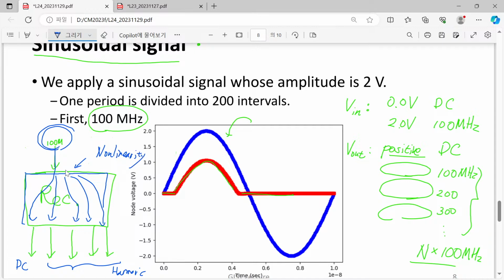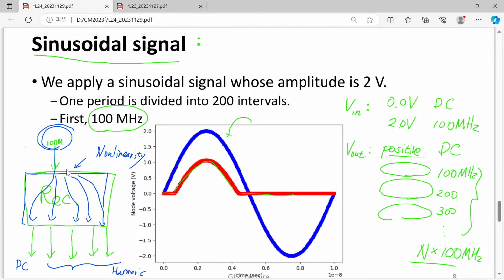If we have just a linear circuit, then a 100 megahertz signal will be converted into a 100 megahertz signal only. Only when you have non-linearity can you map your single frequency into the harmonics of that frequency. That is the one we have to understand.